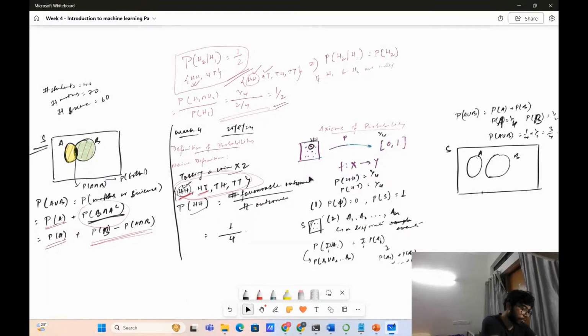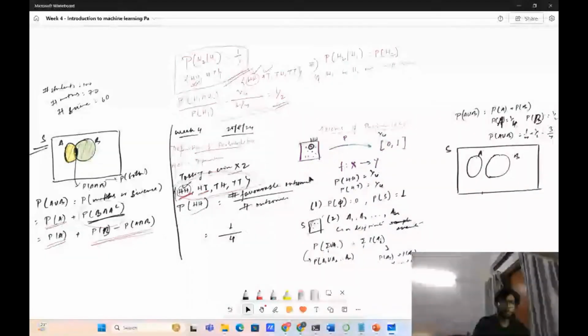So this is the condition for independence, right? So what does it mean? That you're tossing two coins. So the result of one coin is not dependent on the result of the second coin, right? Because you're tossing different coins individually, considering that both coins are fair, the probability that you get heads on the second coin is simply P of H2.